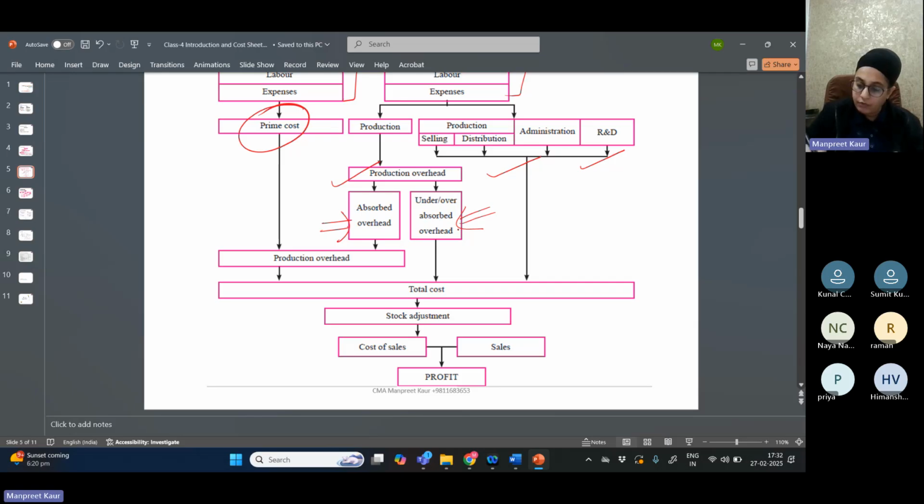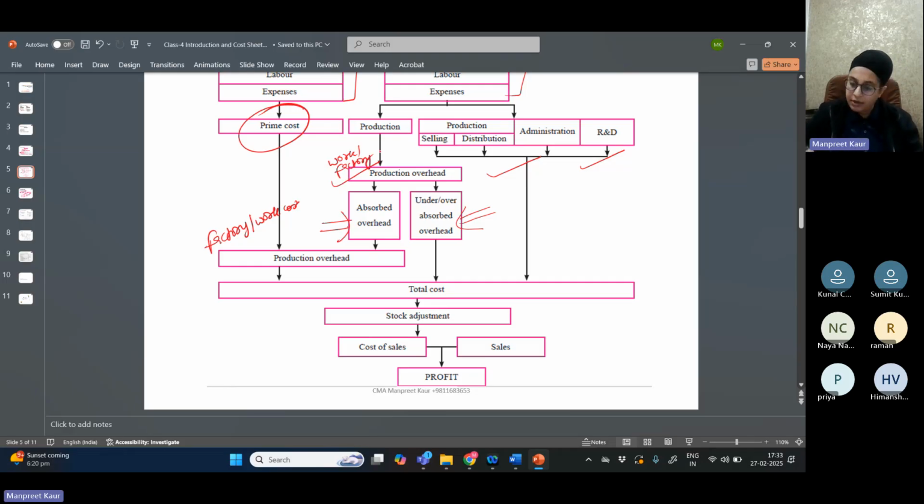Next is our total of this: prime cost plus production overhead, that is the factory cost. Work cost. Prime cost plus factory overhead, or production overhead, or work overhead, is the factory cost.